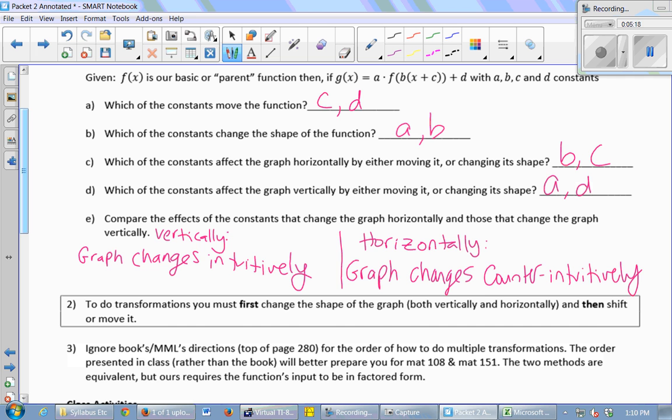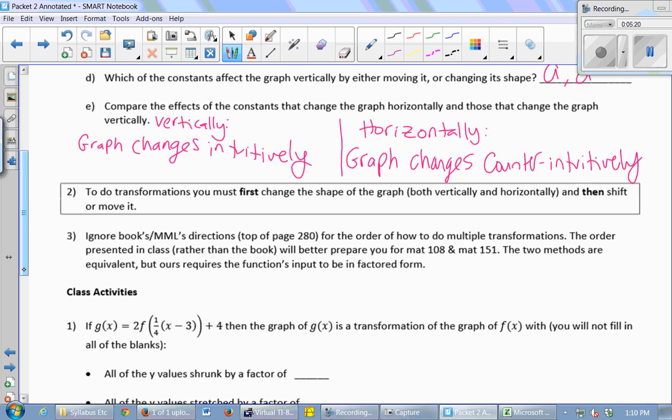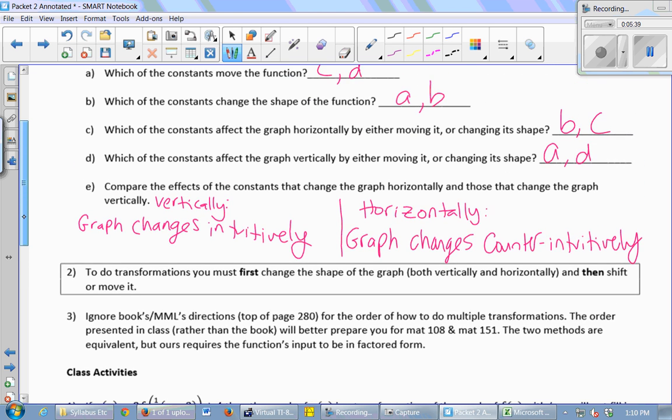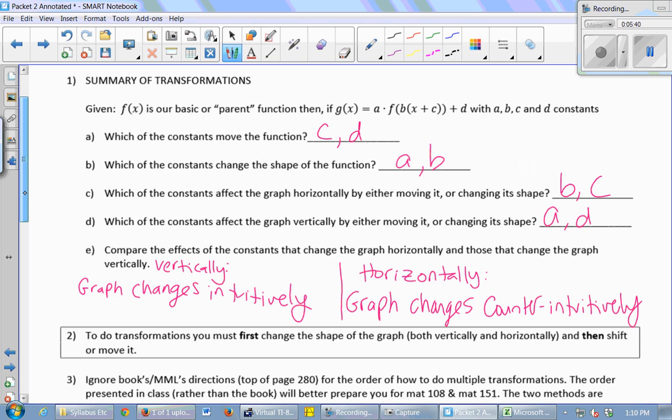Okay. Now, your book and my math lab will give you different directions for how to do multiple transformations. Use the order that we presented in class. It will better prepare you for the next course you're going to take. And the two methods are actually equivalent, and ours just requires the function to be in factored form, the input of the function.